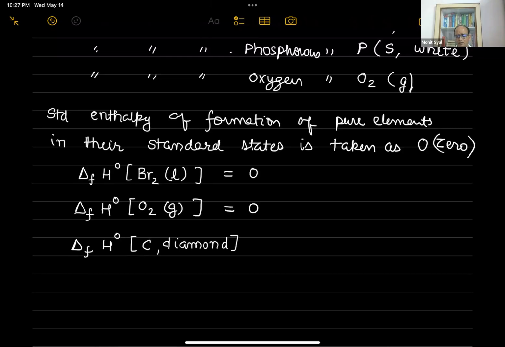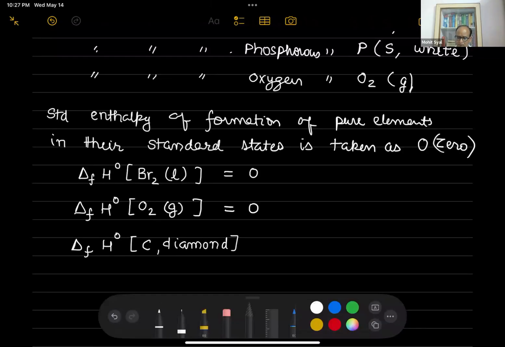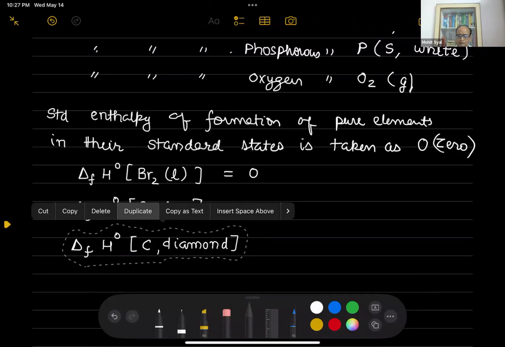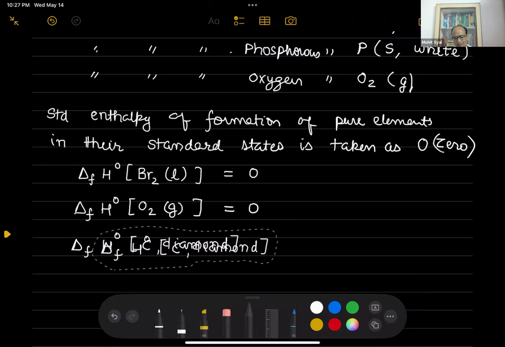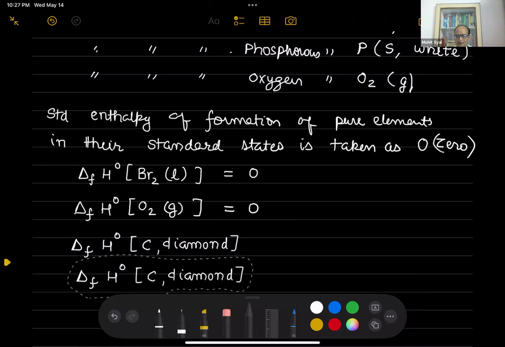Is it going to be 0? Tell me quickly. I told you for carbon, what state should be taken? Graphite. Exactly. So keep this in mind: for diamond it is not 0.